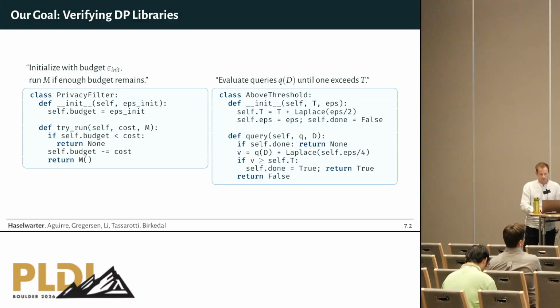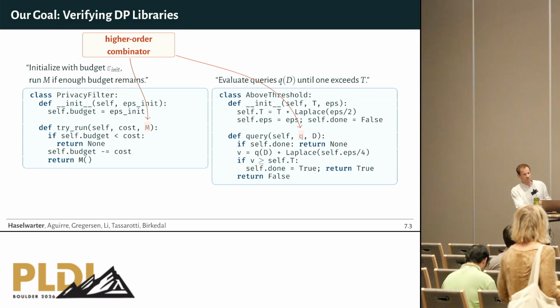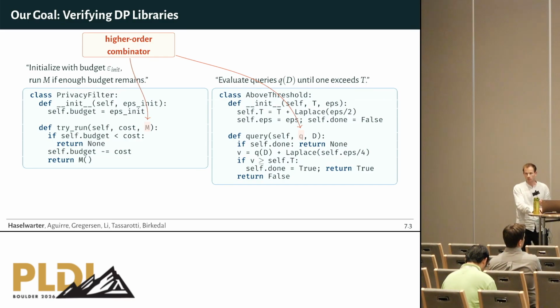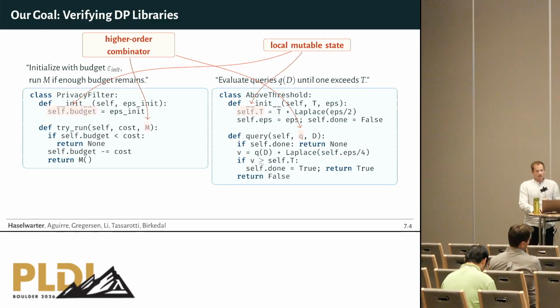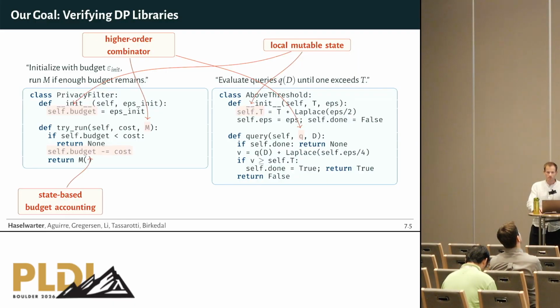I already mentioned this, but one thing that you'll notice immediately is that these programs are higher order. So they're both parameterized by another function, either by a mechanism or by this query function. They both also use local mutable state. The privacy filter in particular uses this local state to do budget accounting, so the privacy budget depends on the current state.